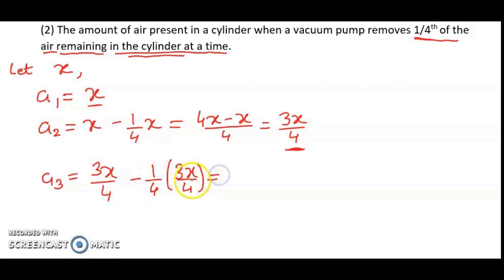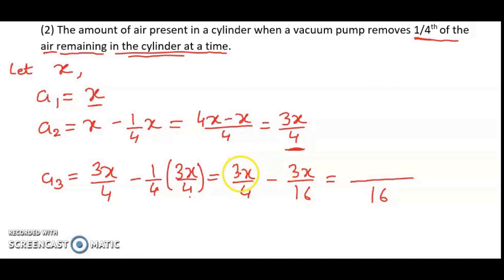If you do this subtraction, 3x by 4 minus 3x by 16, the LCM will be 16, and in the numerator this 3 will multiply with 4, so 4 3s are 12x minus 3x.